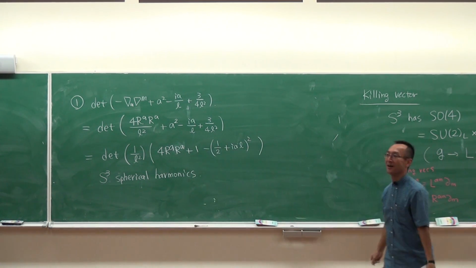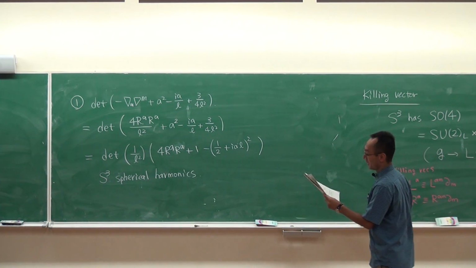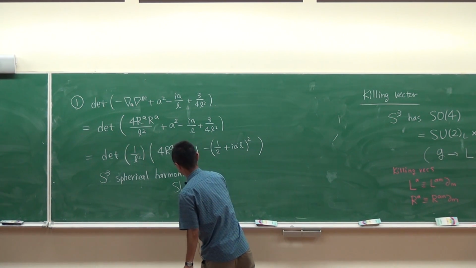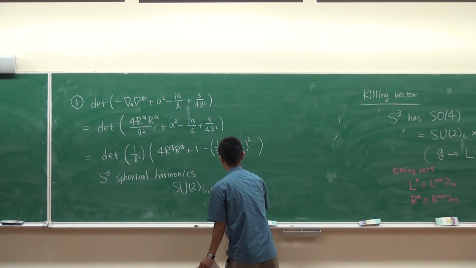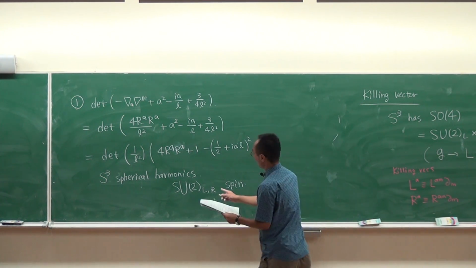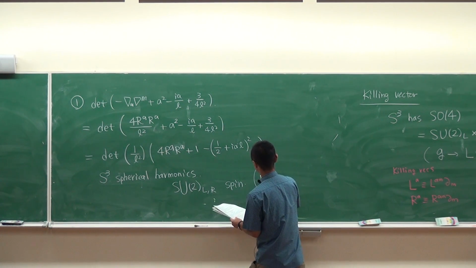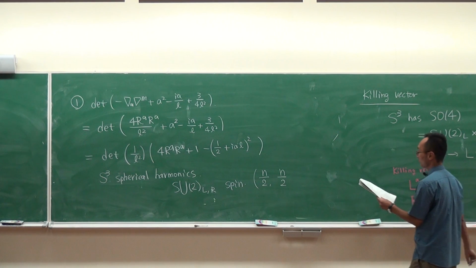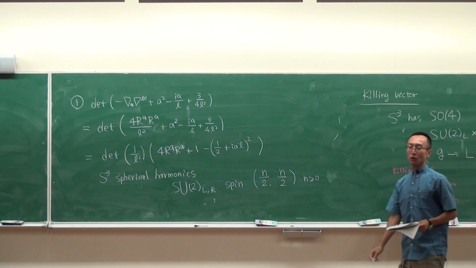There are eigenfunctions of such operators, and those eigenfunctions are labeled by a spin of SU(2), L on the right. And there is a constraint on the spin of those eigenfunctions under the SU(2) left and right. The constraint is that the SU(2) left and the SU(2) right spins have to be equal. This is the only constraint.